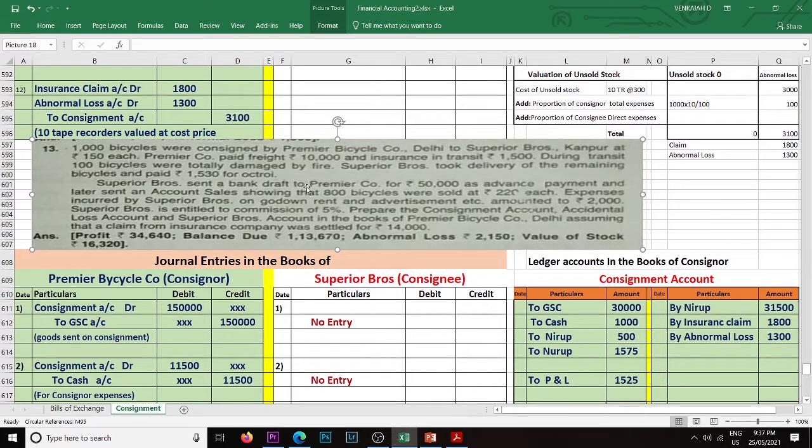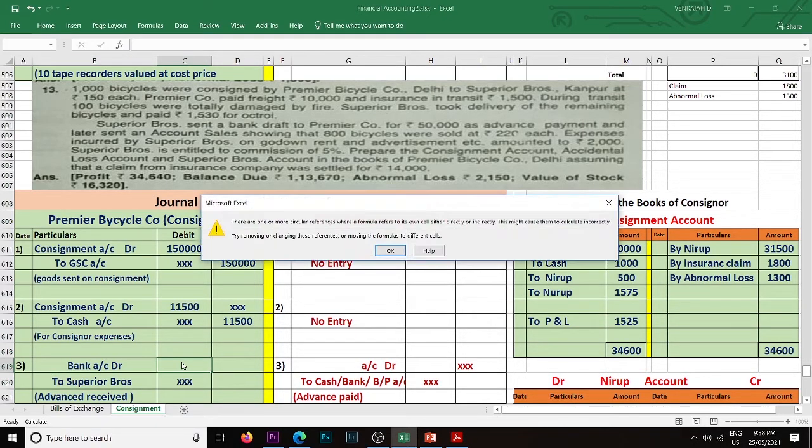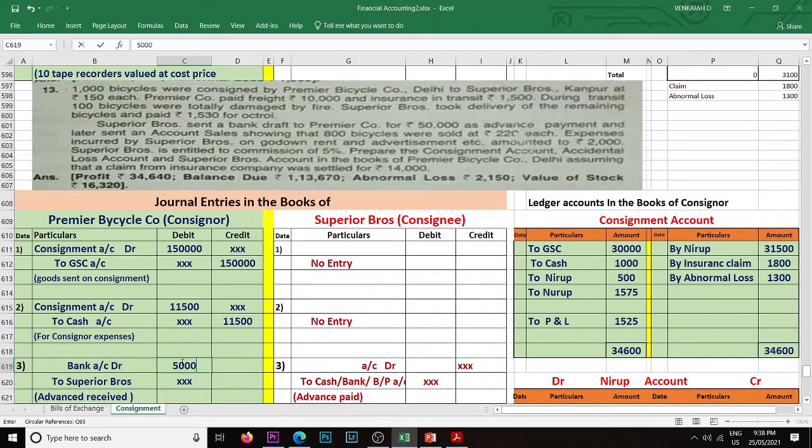Superior Brothers sent a bank draft to Premier and Co for 50,000 advance amount. Bank draft we will take as bank account, to Superior Brothers account. Amount is 50,000 advance.